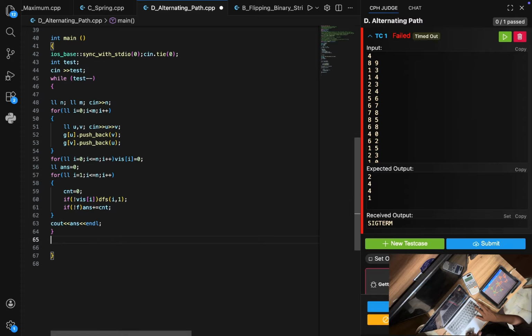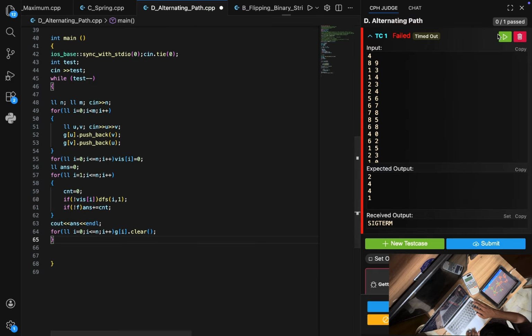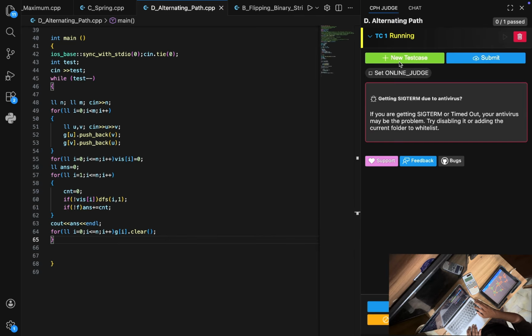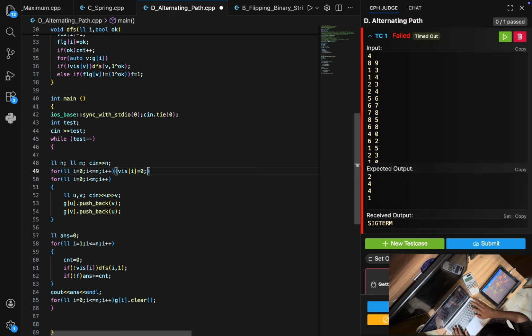Oh, I didn't clear the map. Is there any other problem? I'll take the visited, graph dot clear.